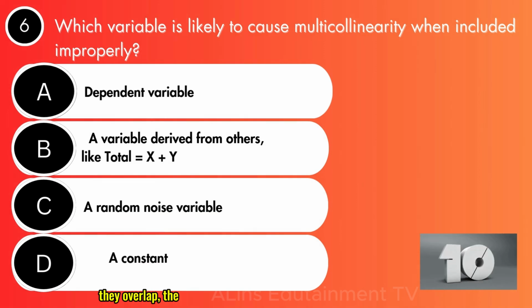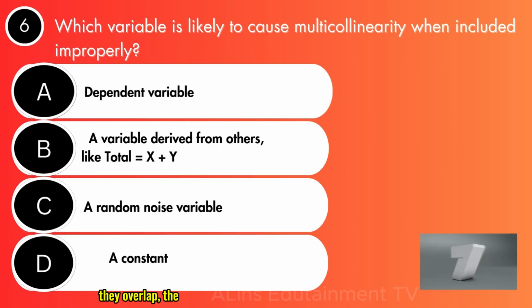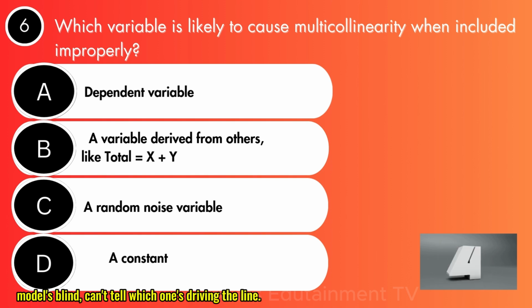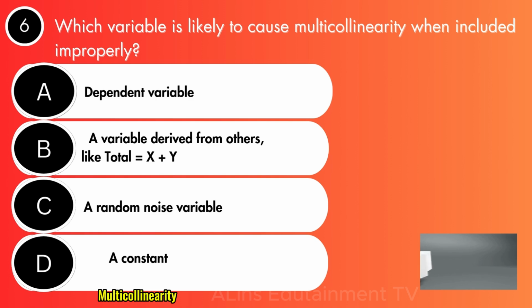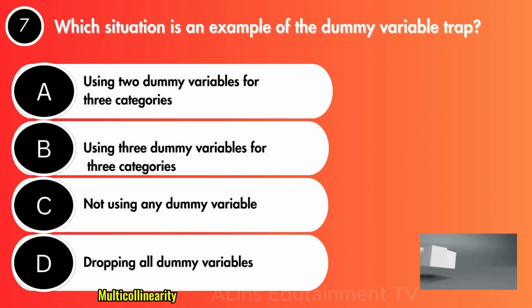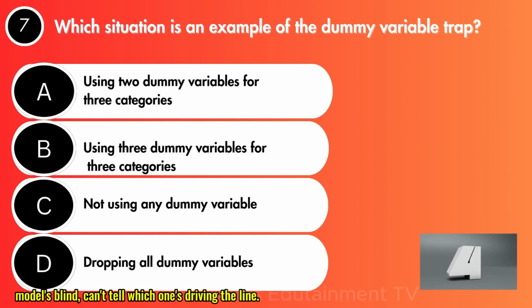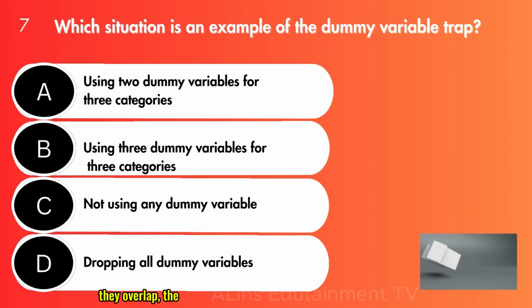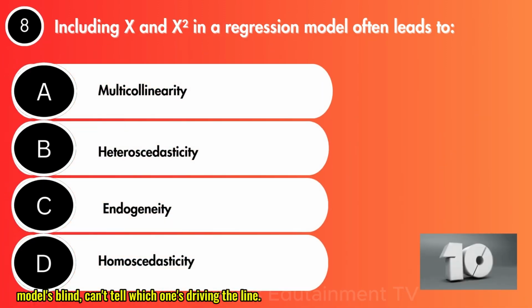6. Which variable is likely to cause multicollinearity when included improperly? 7. Which situation is an example of the dummy variable trap? 8.